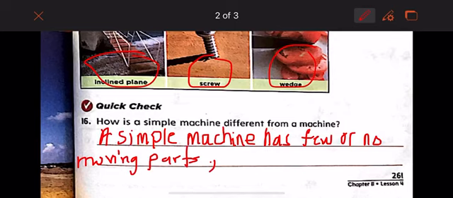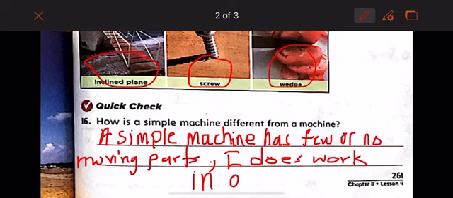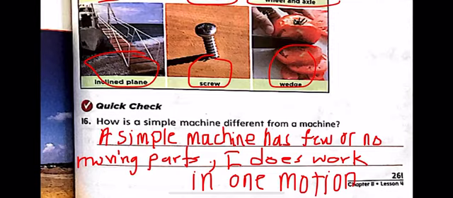And the machine does work in one motion. Okay, let's move on.